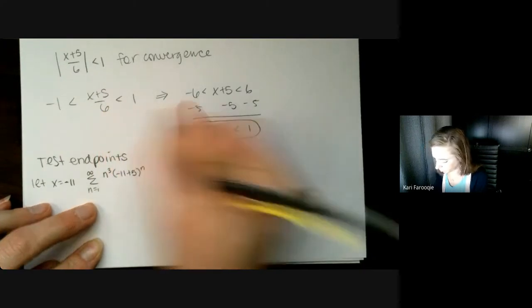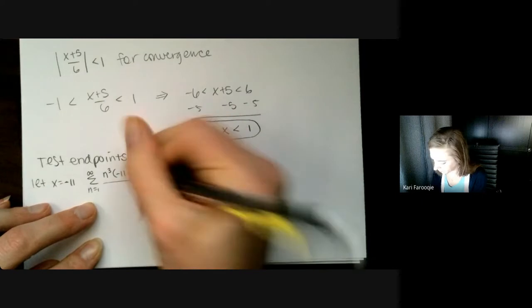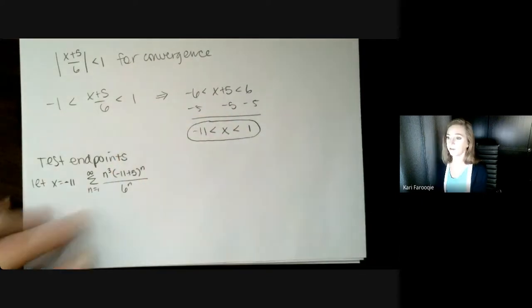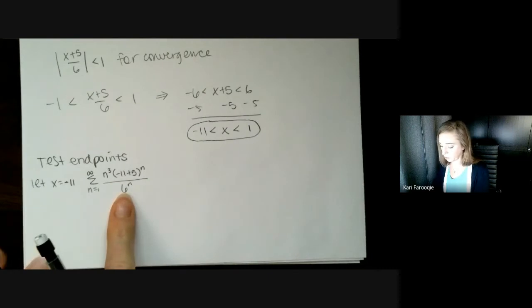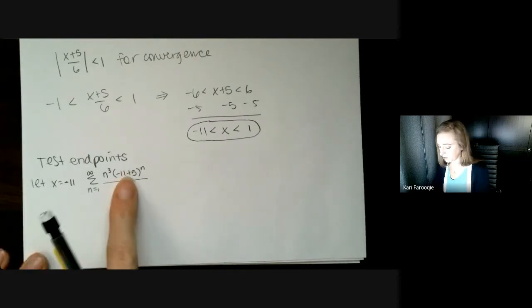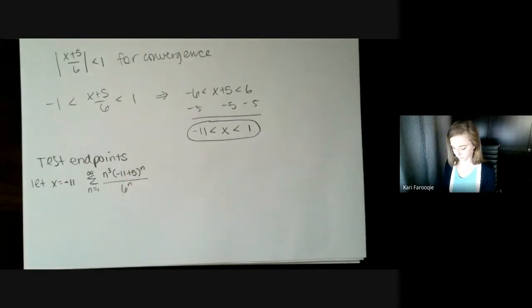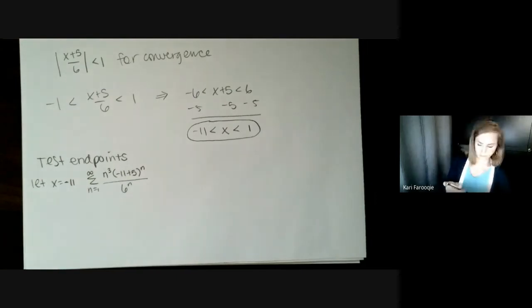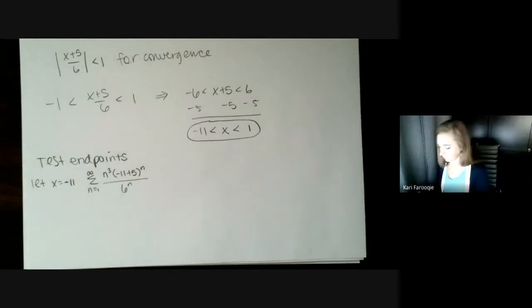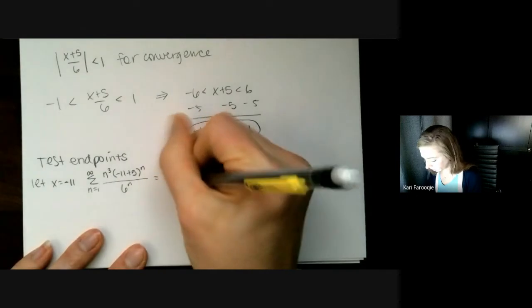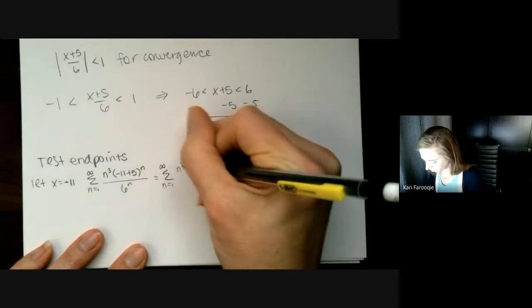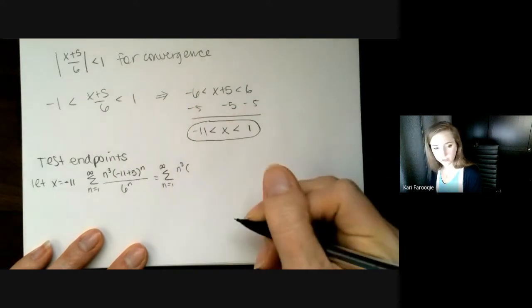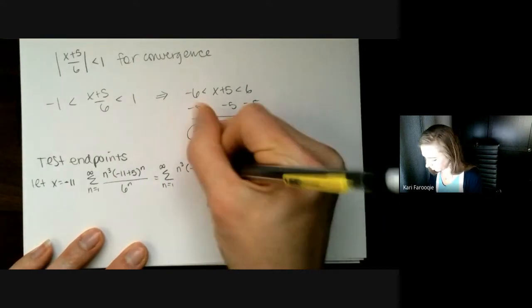So we have x plus 5 to the nth power, and then divided by 6 to the nth power. This is the series that I gave you. The only difference is we swapped out x for -11. And then we'll simplify. And you will have to show me your work for this. No cutting corners. -11 plus 5 is -6.